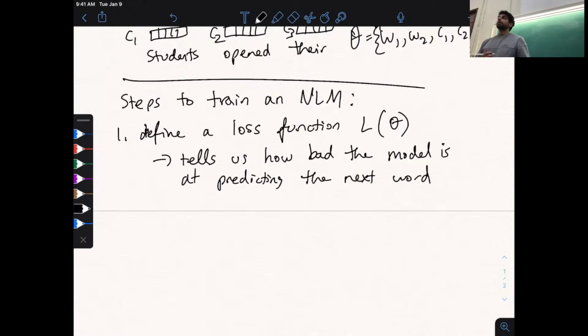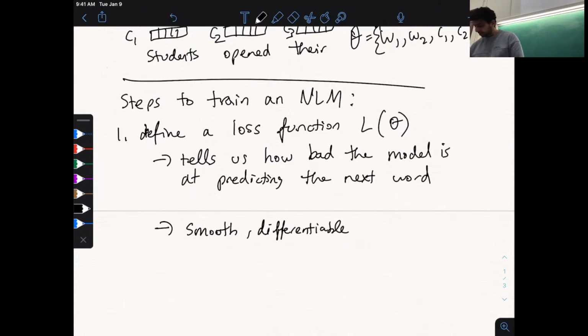There are some constraints on what properties this loss function has. If you've taken a machine learning class, you've probably seen that it is ideal for optimization if the loss function is smooth and differentiable, meaning we can take its derivative at every point. As we will see, this is a critical component of using the gradient descent algorithm.